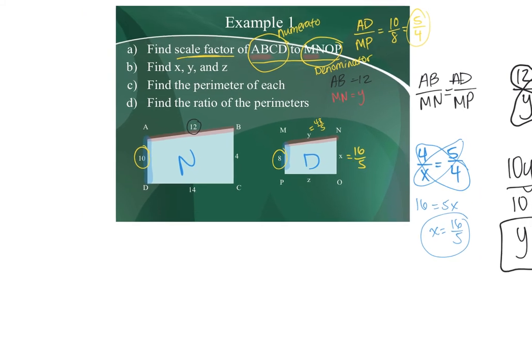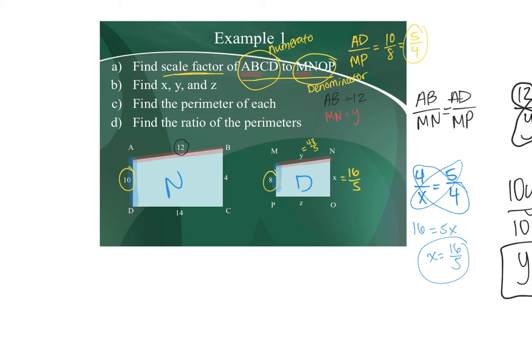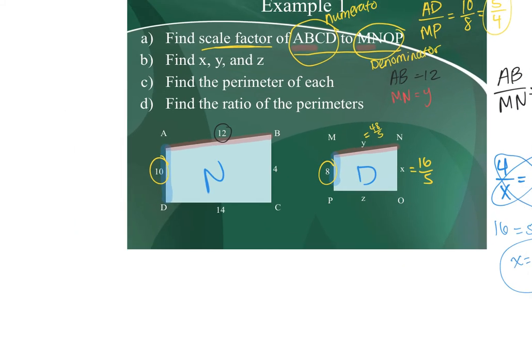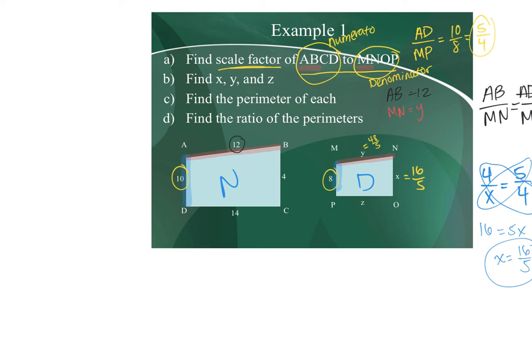We're only on the first problem. We're on B now. So for Z, it would be the corresponding side, which is 14. 14 over Z is equal to the scale factor, which is 5 over 4. So it would be 14 over Z equals 5 over 4, okay?